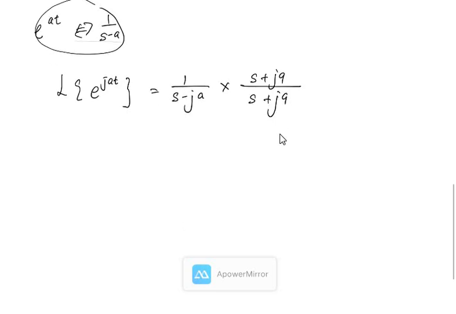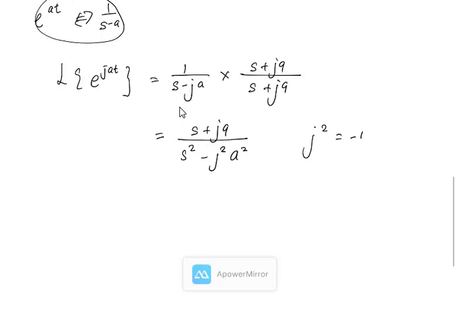So let's simplify together. We have s plus ja, and the denominator is s squared minus j squared a squared. Don't forget that j squared is equal to negative 1.